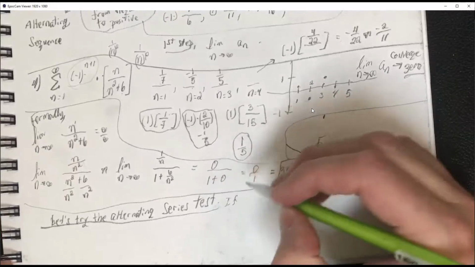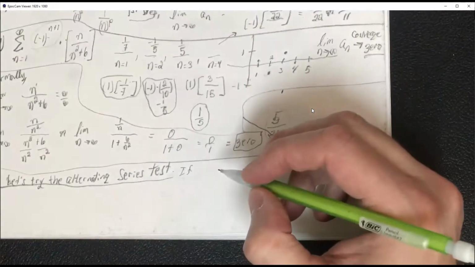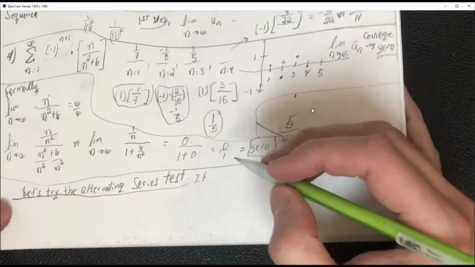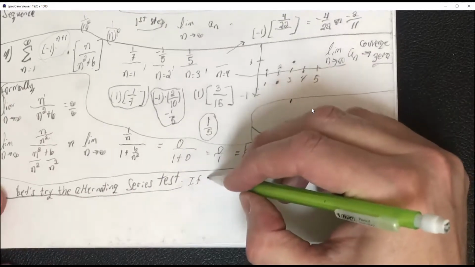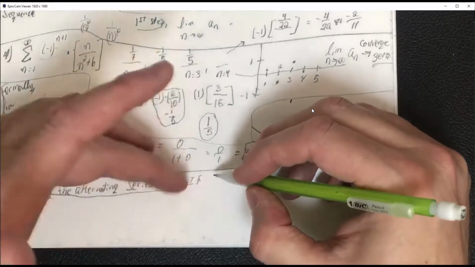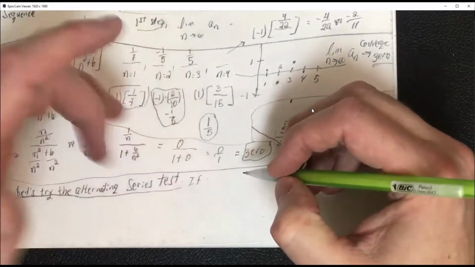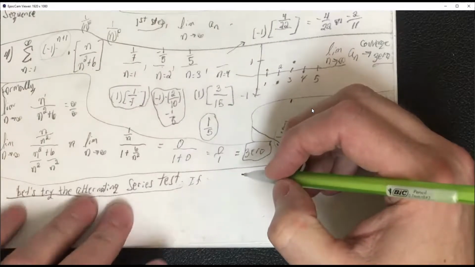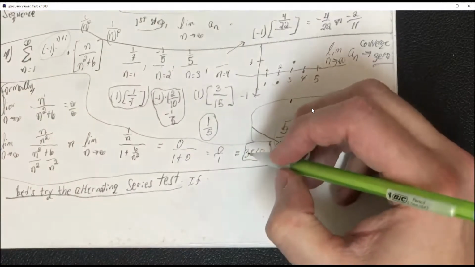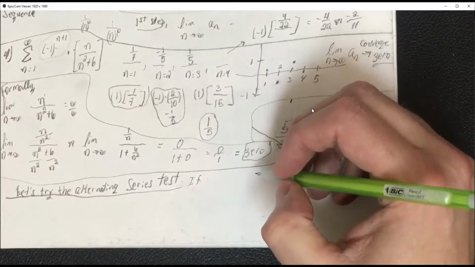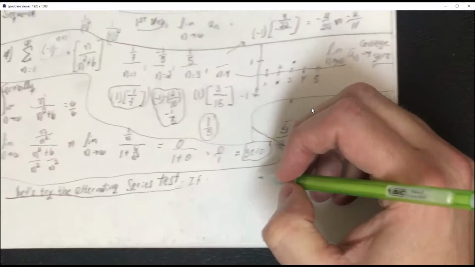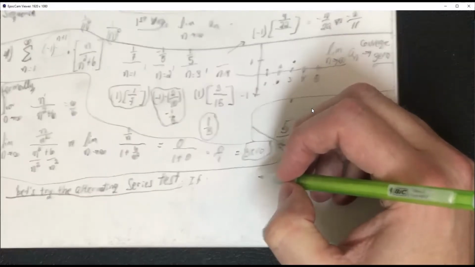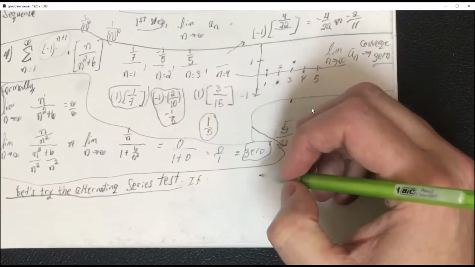What is the alternating series test? Well, first of all, it has to be alternating, which it is. I'm not going to write down the condition that it has to be alternating, because that's why it's called alternating. Of course, you can't use the alternating series test if it doesn't alternate from negative, positive, negative, positive, or instead positive, negative, positive, negative. It has to alternate.